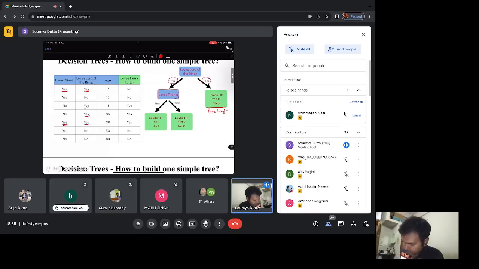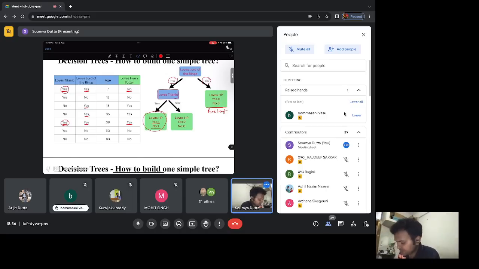So this node corresponds to these 2 cases, because they love Lord of the Rings as well as Titanic, and only these 2 cases have both as yes. In loves Harry Potter, one of them is yes and one is no. Therefore yes is 1 and no is again 1.